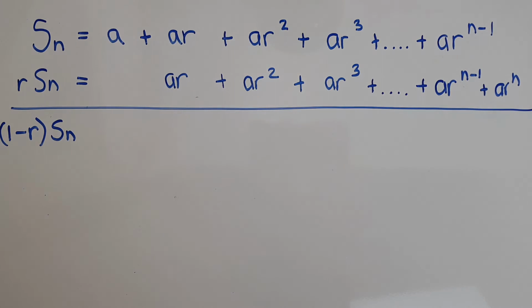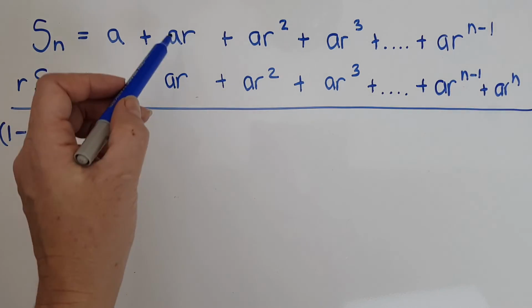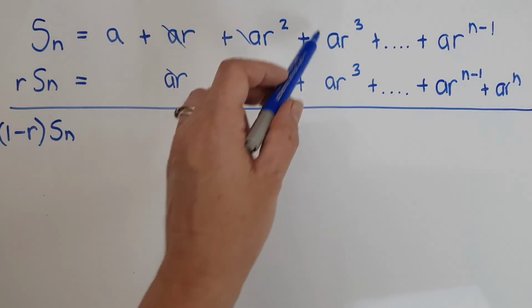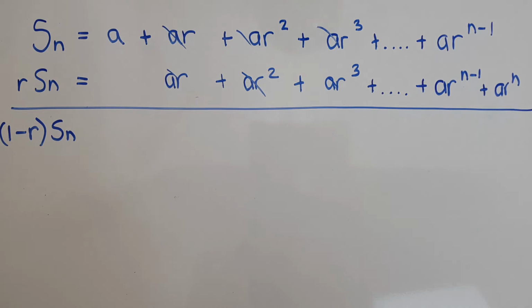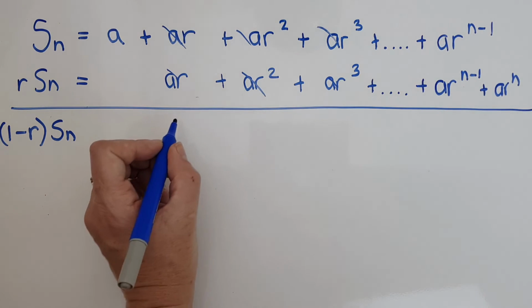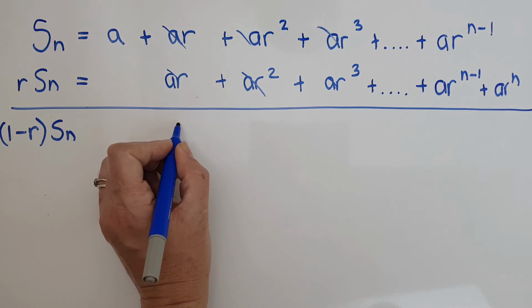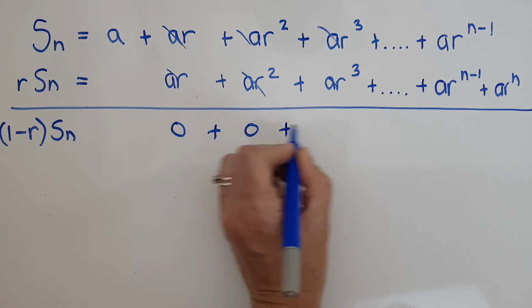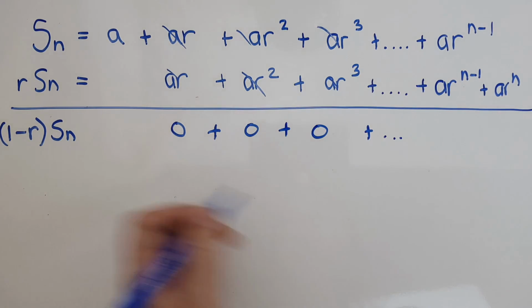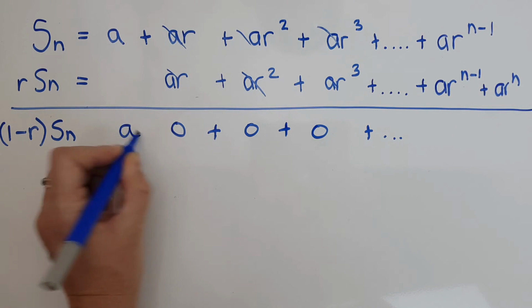Okay? And then, obviously, these guys will all cancel each other out when I subtract them. So here I'm going to have a whole bunch of zeros here. Okay, you can put those in. I will. I'm just going to stick all the zeros in. Those will all become zeros, but I will be left with a.